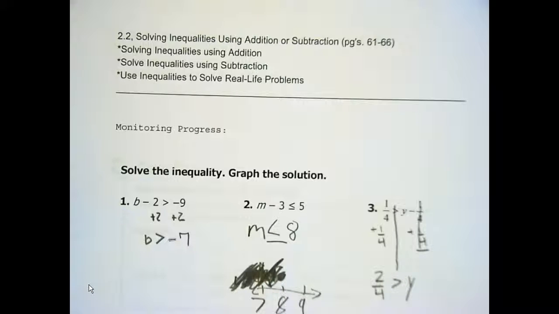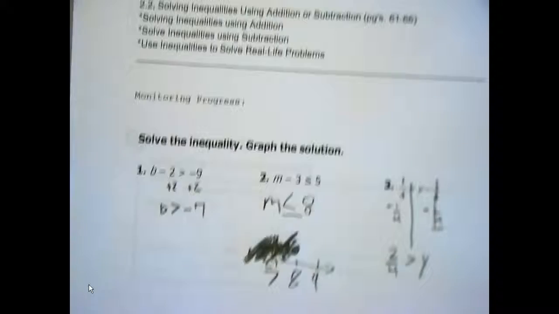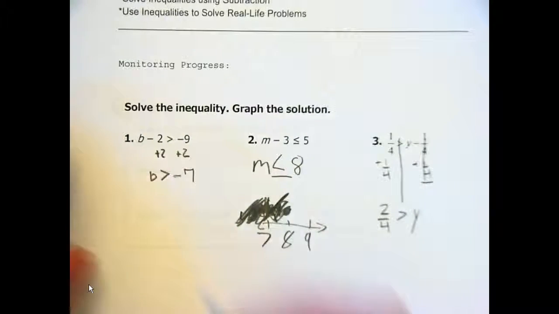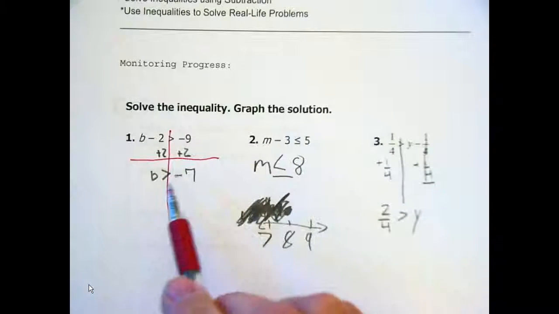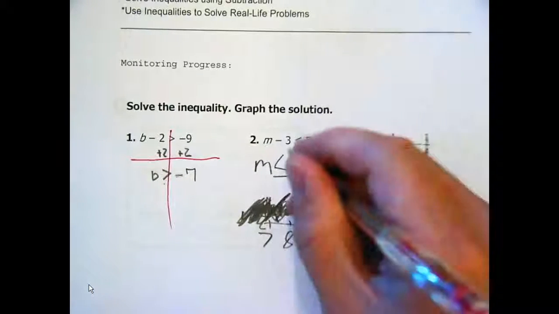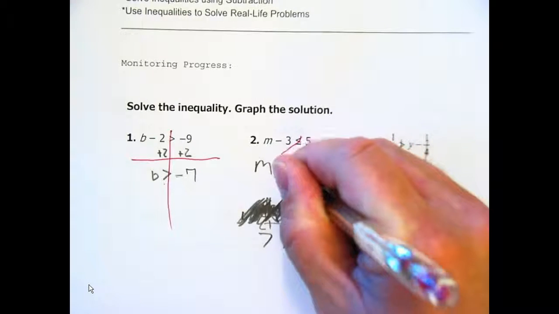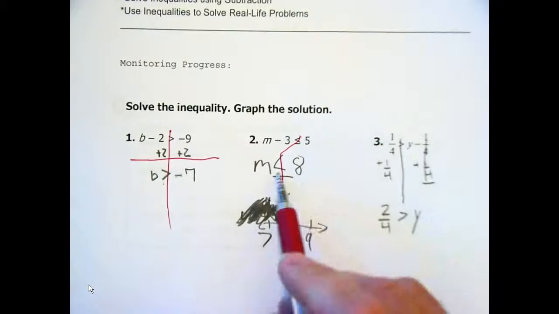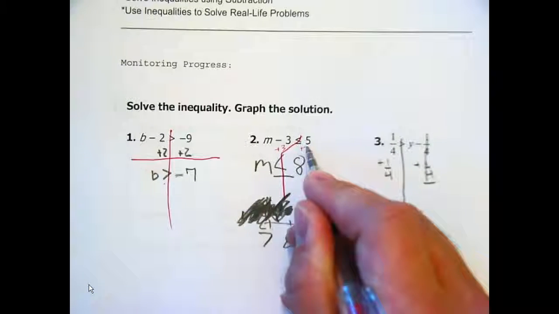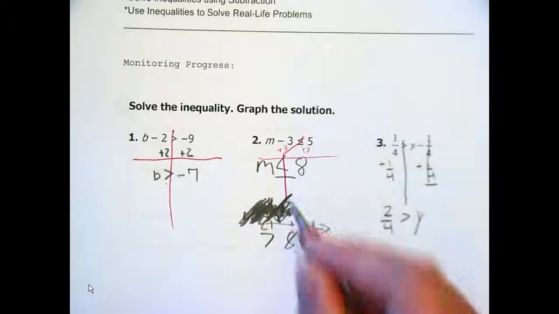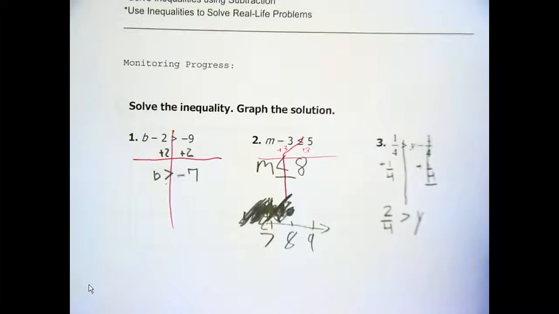All right, let's check them out. So we have b is greater than -7. Notice just like an equation, you add 2 to both sides because they're subtracting 2. Here, I'm going to draw my line. So we added 3, and we've got m is less than or equal to 8. Well done. And they actually graphed it. It's kind of a messy graph.